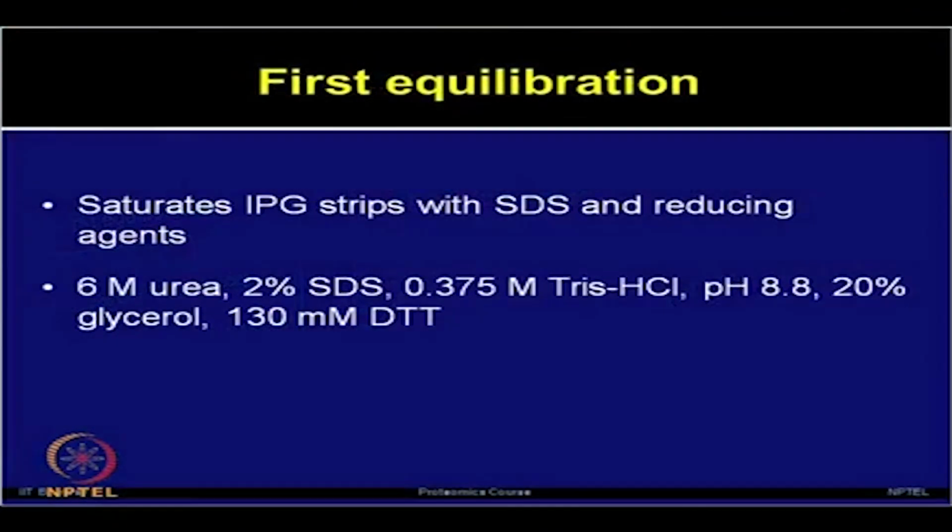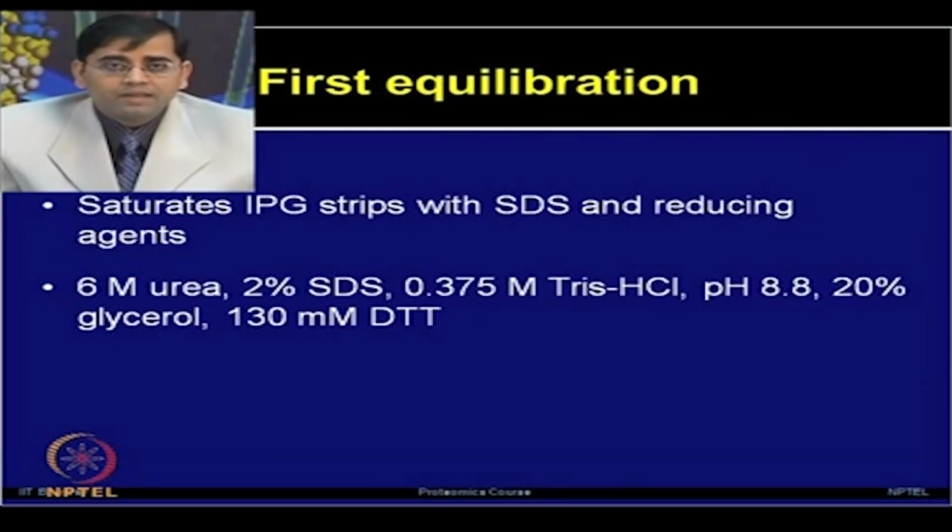Your recipe for the equilibration buffer is ideally similar in both first and second equilibration, which includes 6 molar urea, 2% SDS, 0.375 molar Tris HCl, pH 8.8, 20% glycerol, and then you need to make one variation in this buffer composition. Either you add DTT, dithiothreitol, or you add IAA, iodoacetamide.